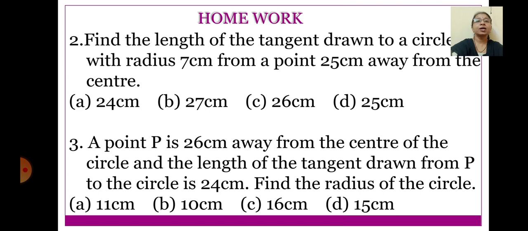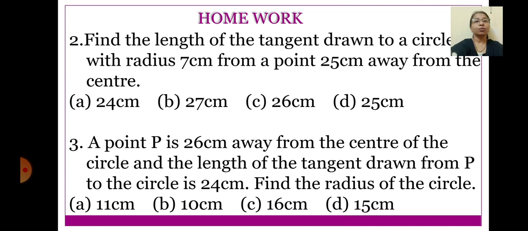Now next is, a point P is 26 cm away from the center of the circle, and the length of the tangent drawn from P to the circle is 24 cm. Find the radius of the circle. So this time the length of the tangent segment and the distance of the point from the center are given, and you have to find the radius of the circle.